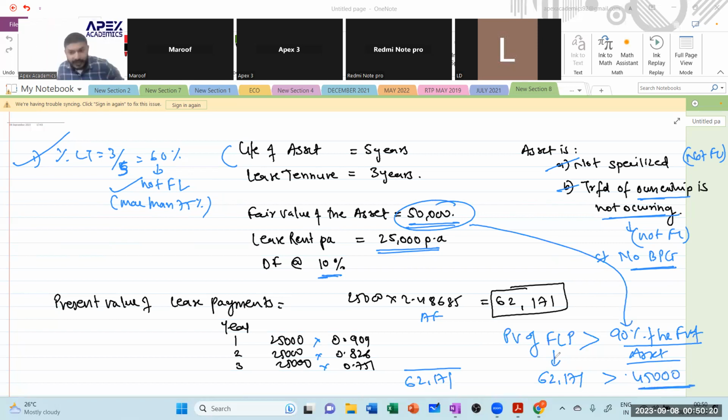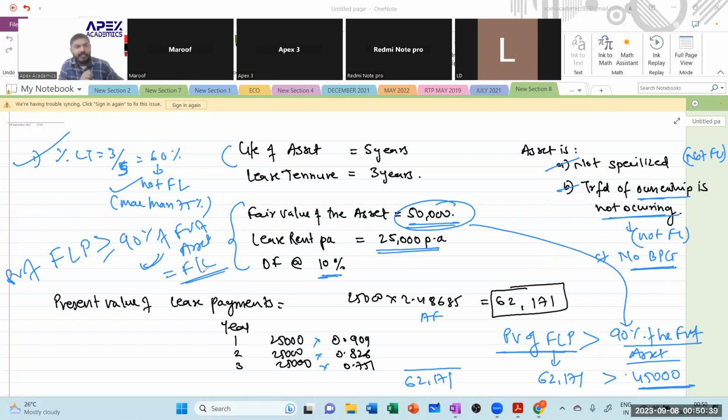The present value of future lease payments is greater than even 100% of the fair value of the asset, so yes, it is greater than 90%. The condition is satisfied. So therefore, it is a finance lease.